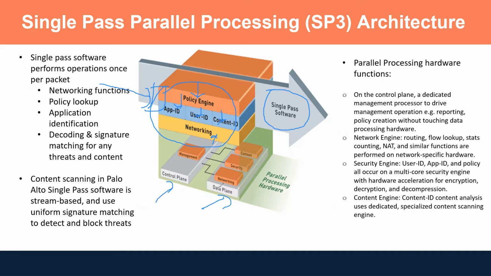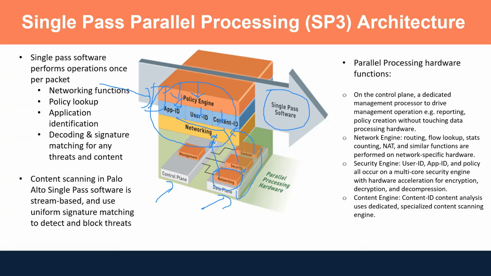Here you can see these are the data plane functions. For networking-related functions, your networking hardware is supporting. For security-related functions, such as the policy engine, the security hardware is supporting. For application-related things and for content-related things, content ID is supporting.